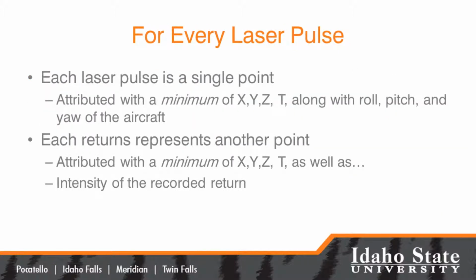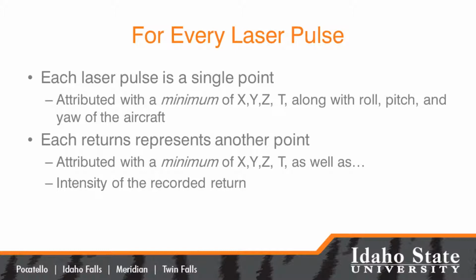For every laser pulse, if you remember that little graphic we looked at a moment ago, the aircraft is emitting laser pulses. Each laser pulse is a point, and it is a point in geographic information systems, in GIS.